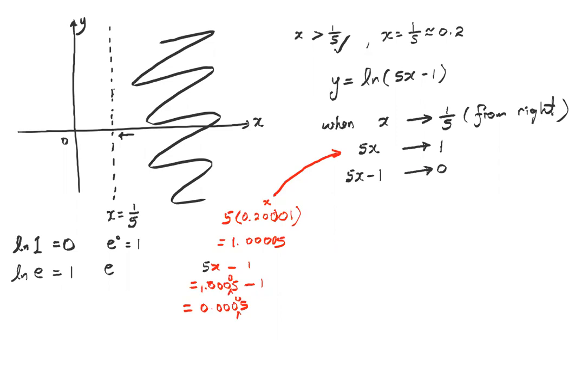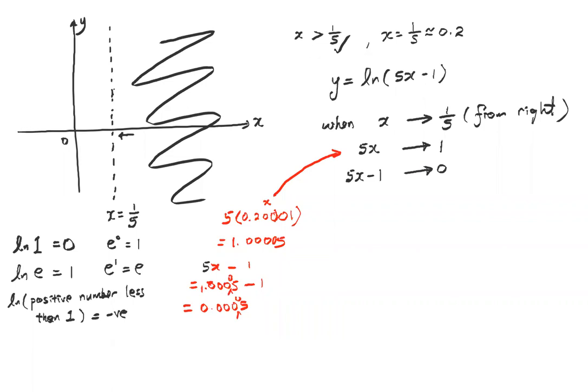Because e to the power of 1 is e. ln of any positive number less than 1: can you please look at your calculator? What do you get, negative or positive? You just put in ln 0.0005, you get negative, correct?